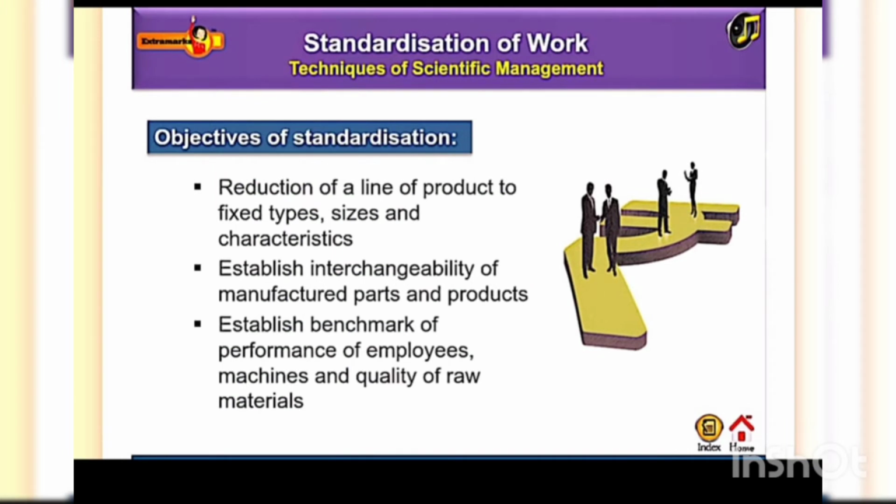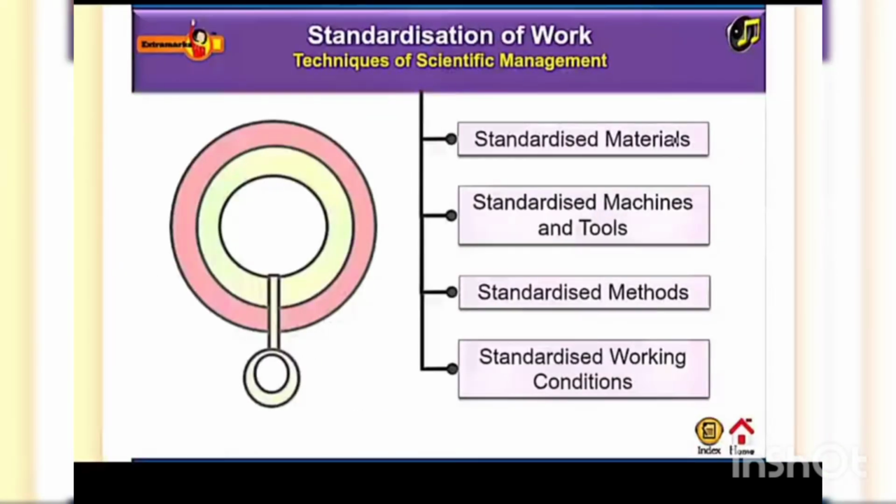Standardization refers to the process of setting standards for every business activity. It can be standardization of any process, raw material, time, product, machinery, method, or working condition. So these standards are basically a benchmark which must be adhered to during production.